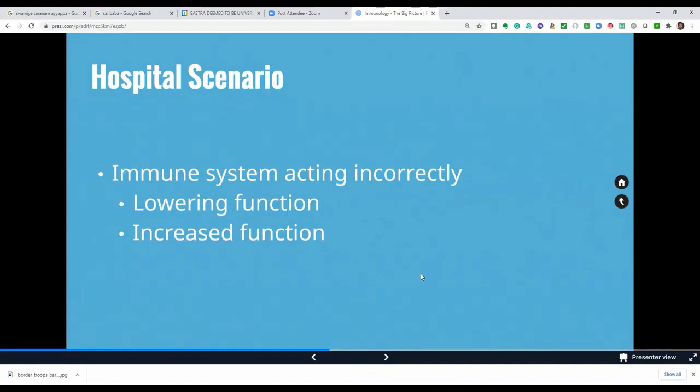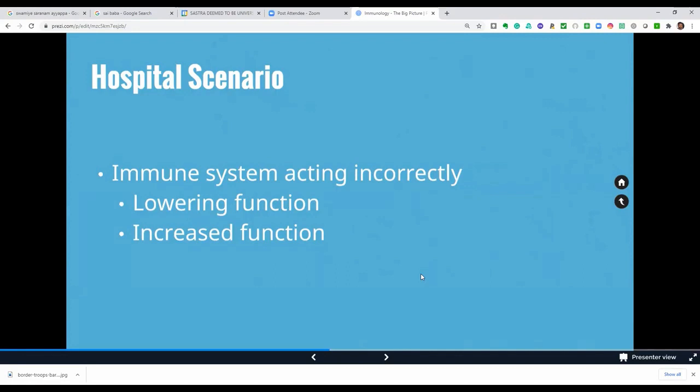The meaning of incorrect function of the immune system here is that your immune system may have either lower functioning or increased functioning. Both are possible, and neither should happen. Your immune system should act as it should act. It should not have lower function or increased function.